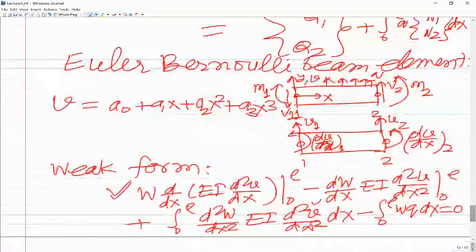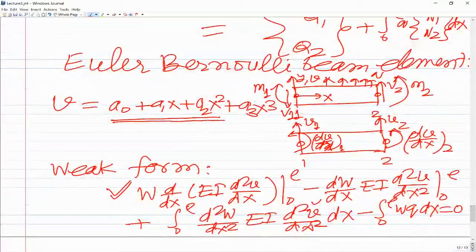That means it should be at least a quadratic polynomial. Based on the differentiability requirement within the element, the minimum you need to choose is a quadratic polynomial. And the completeness, of course, is that all the terms should be present, depending on whatever the highest order term is.